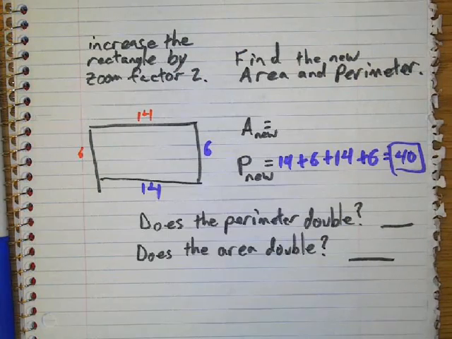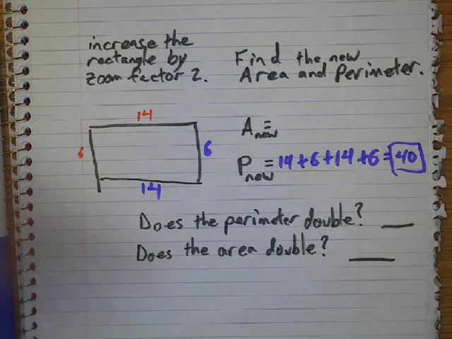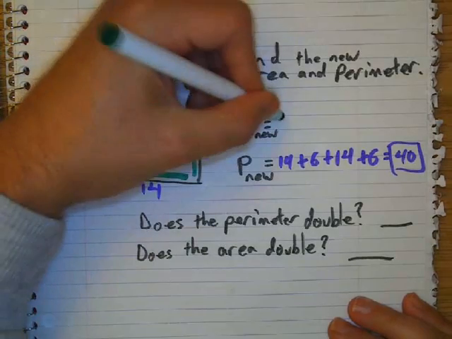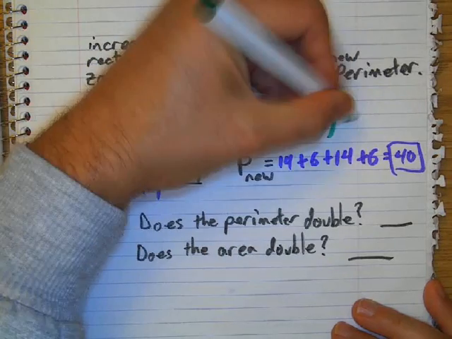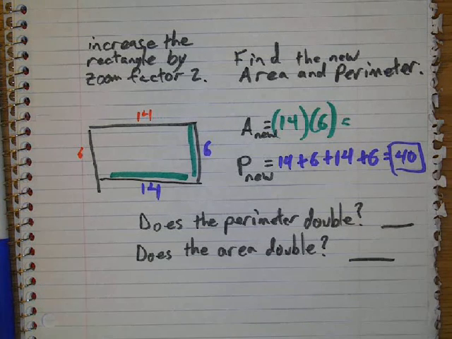And the area is equal to length times width, so 14 times 6, which is equal to 84.